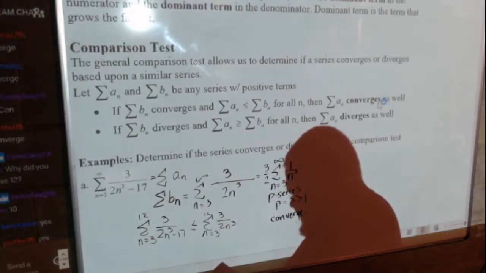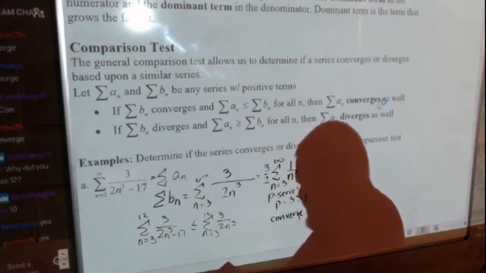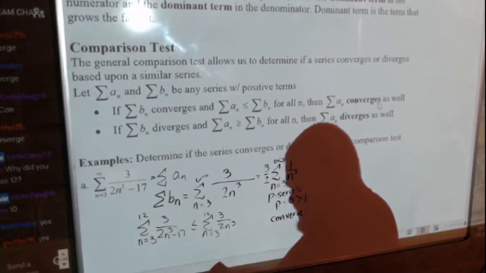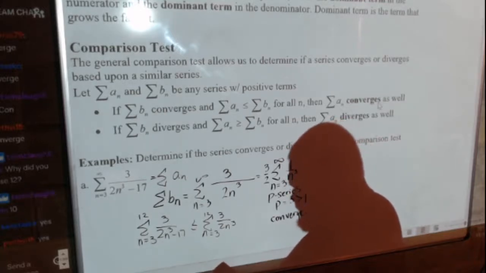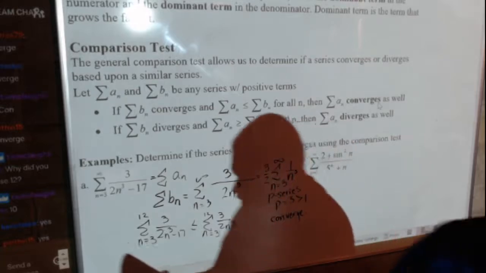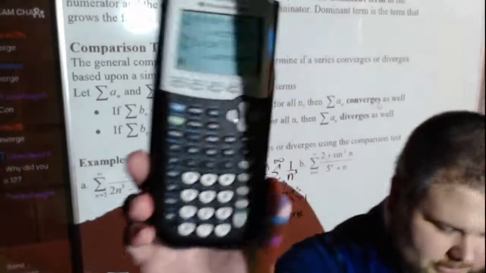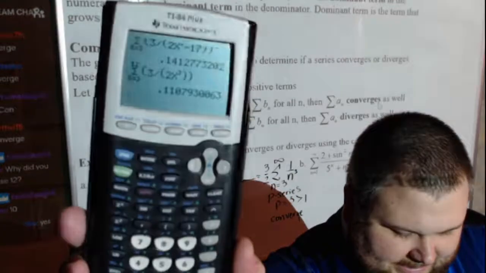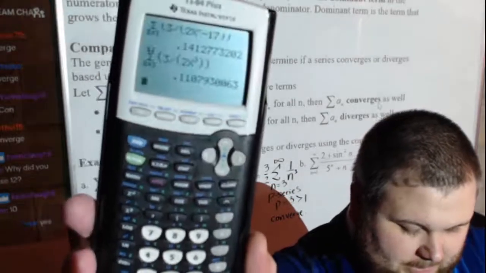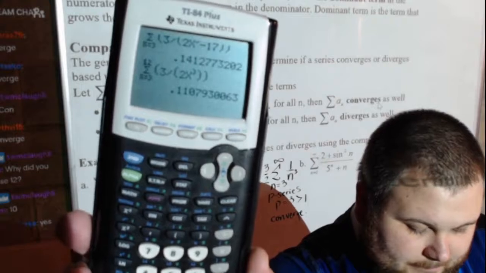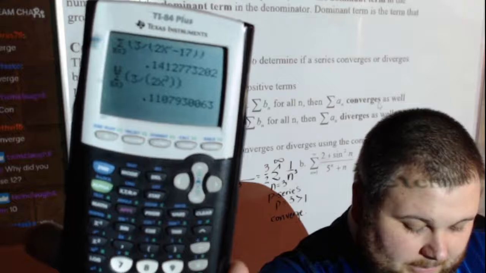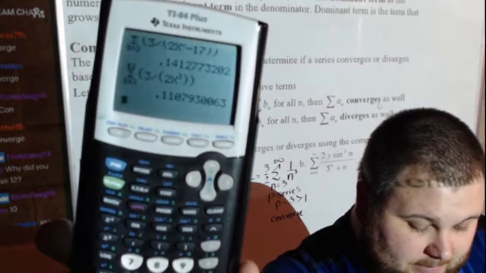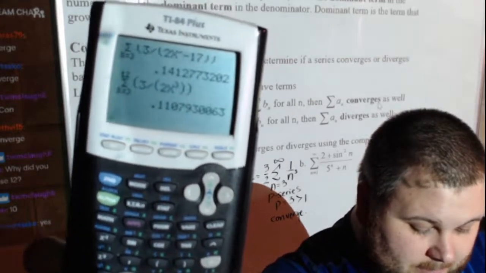So I'll do that summation and hit enter, and then I will hit second enter, which pulls up the same thing, and I'll get rid of the minus 17 and run it again. So if I do that, it looks like out of the first 10 terms, the original sum is slightly larger. So I'm showing that a sub n is bigger than b sub n.